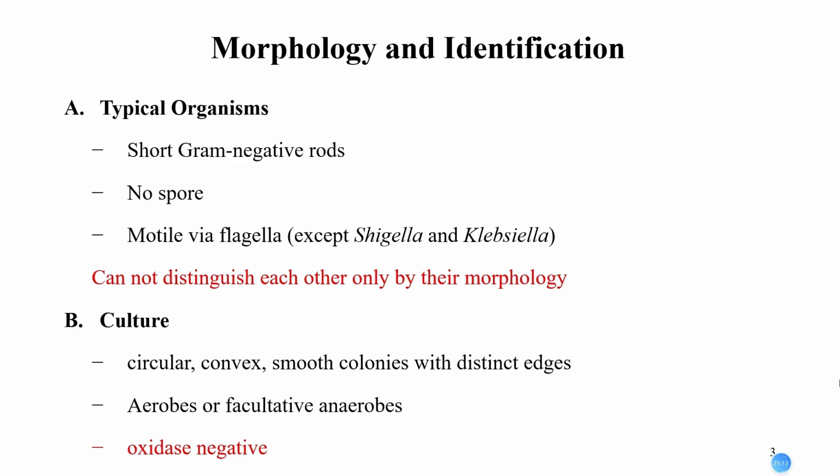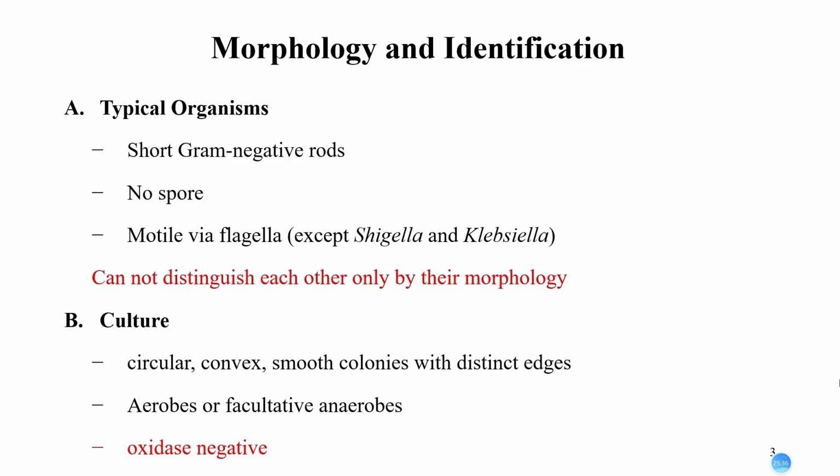So based on this information, we cannot distinguish them solely based on their morphology. After gram staining, you check with a microscope, you actually cannot tell what they are, because they are so similar.